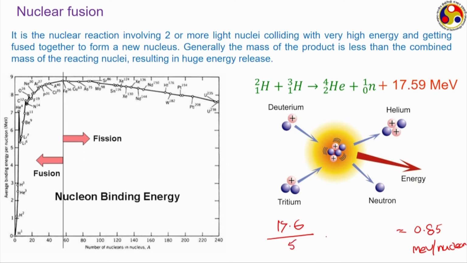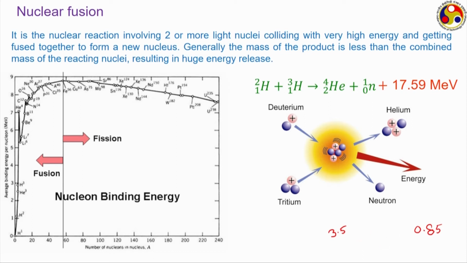So, total 5, and the result of that is approximately 3.5 MeV of energy per nucleon. So, let me erase everything else and just compare the two numbers.